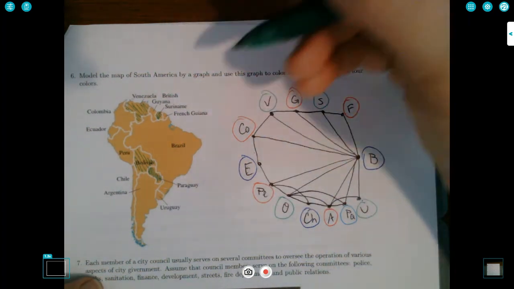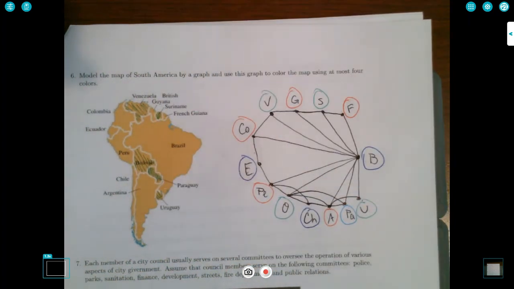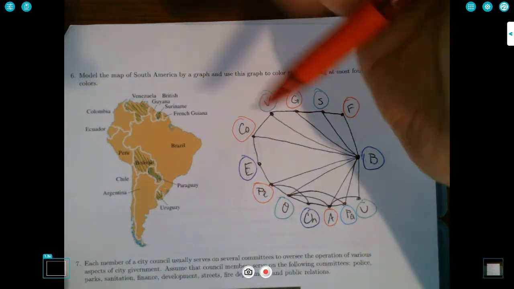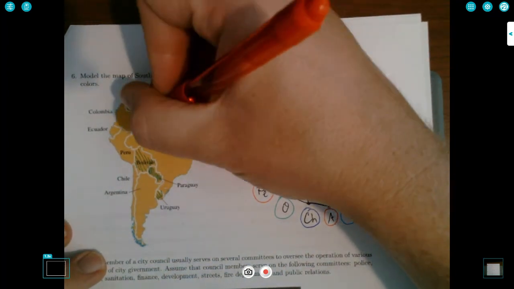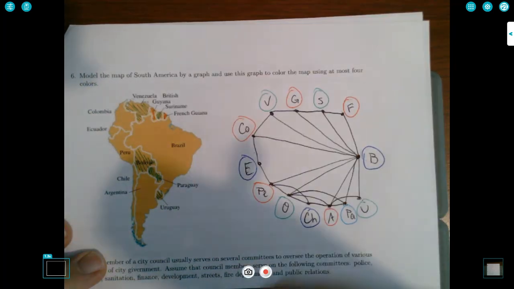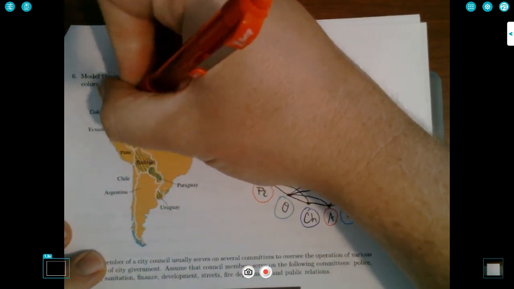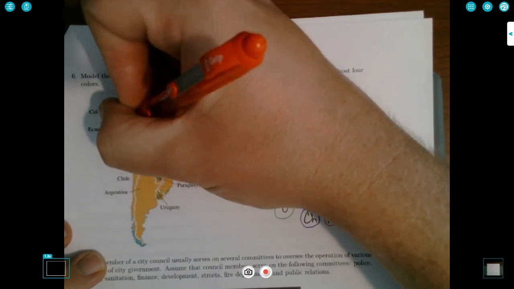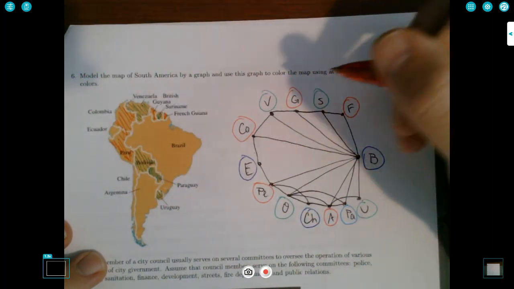But anyway, Uruguay, we could do with green. Red was this. Colombia, Peru, Argentina.